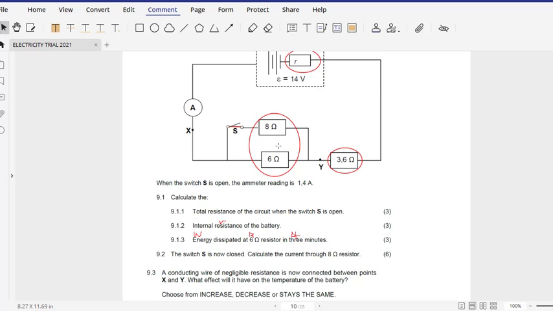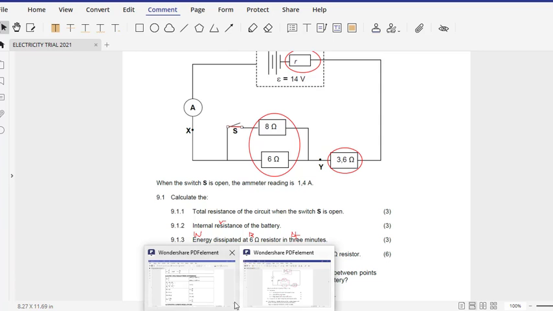It means that we have to use the lower proportion, which is 6 divided by the 14 portions times the total.